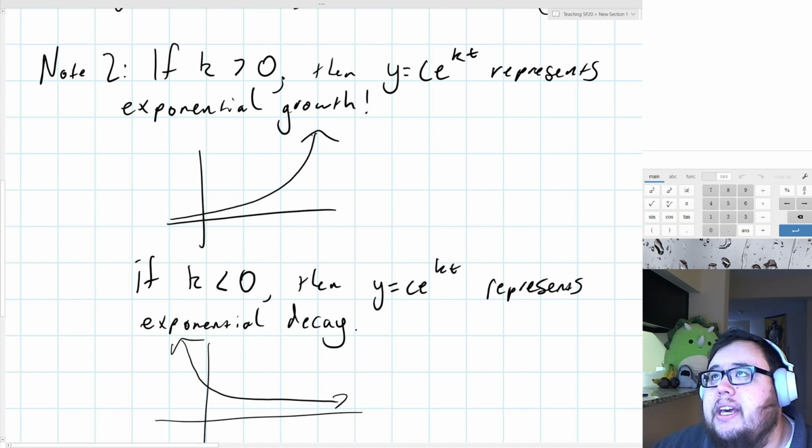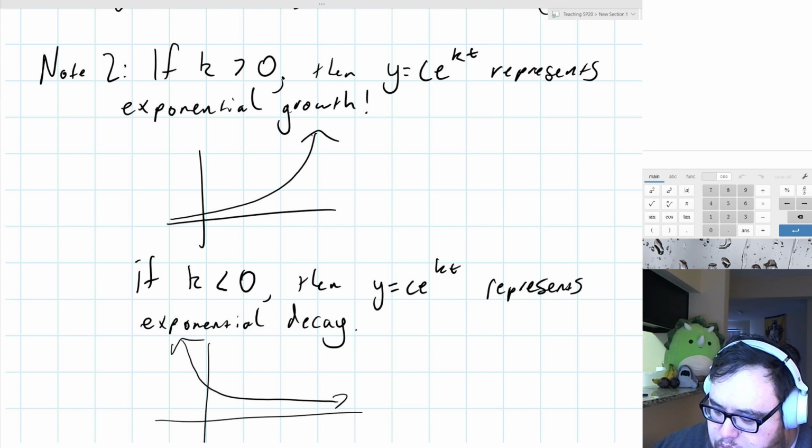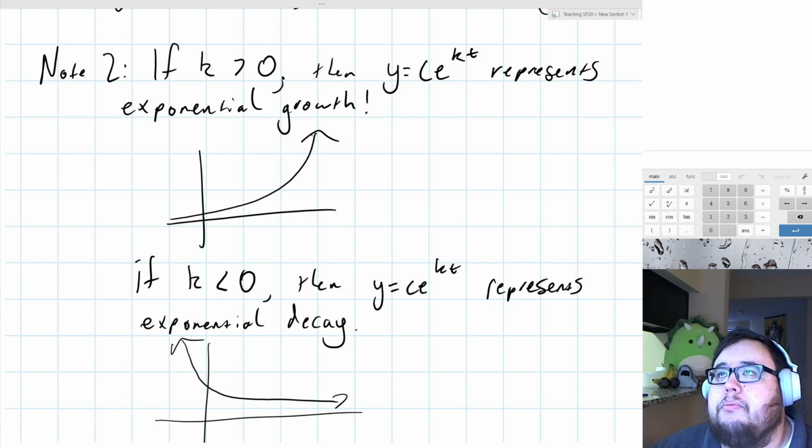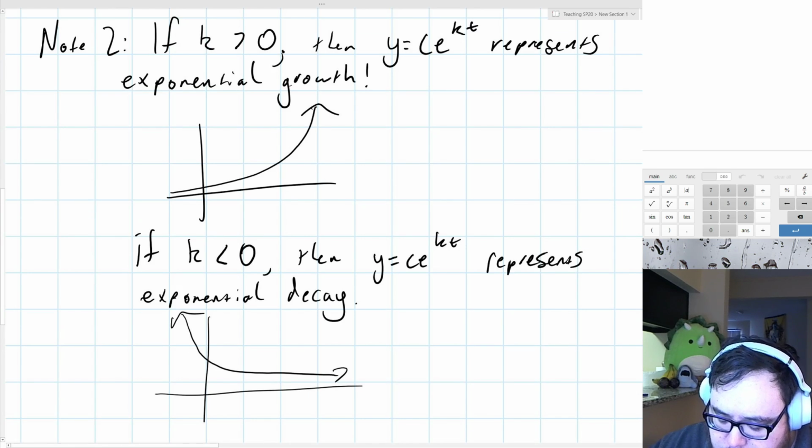Because by making k negative, we're applying a horizontal flip. So that means it's going to go closer and closer and closer to 0. We will see both types of models in this class, both exponential growth and exponential decay. And then one more note, note number 3.